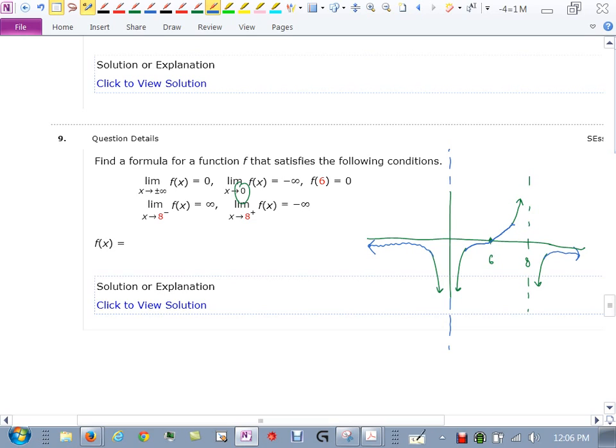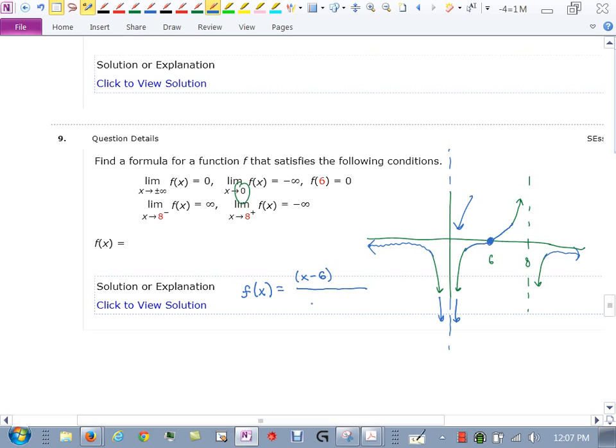Now, here's how I can create it using just my knowledge of asymptotes and x-intercepts. If I want this x-intercept to happen at 6, I need x minus 6 in the numerator, so that if I plug in 6, I get 0, which is going to give me this. If I want a vertical asymptote at 8, or let's start at 0. If I want this one right here, and I want them both to go down to negative infinity, then what I can do is plug in 0.